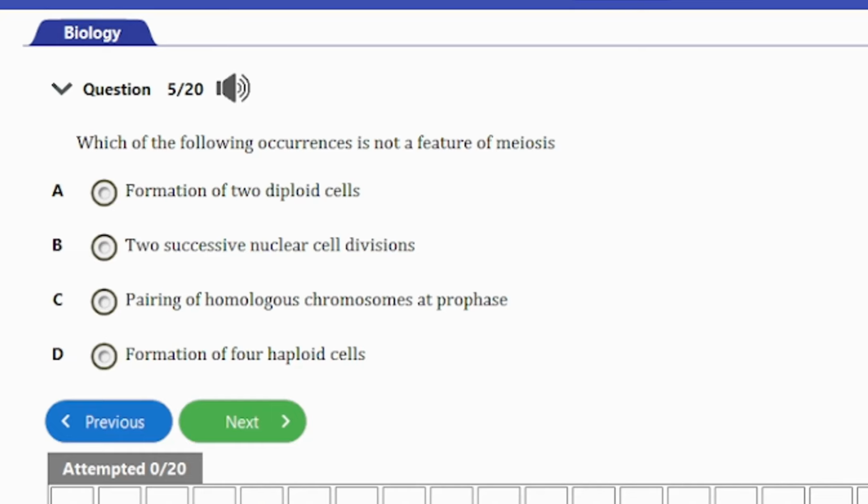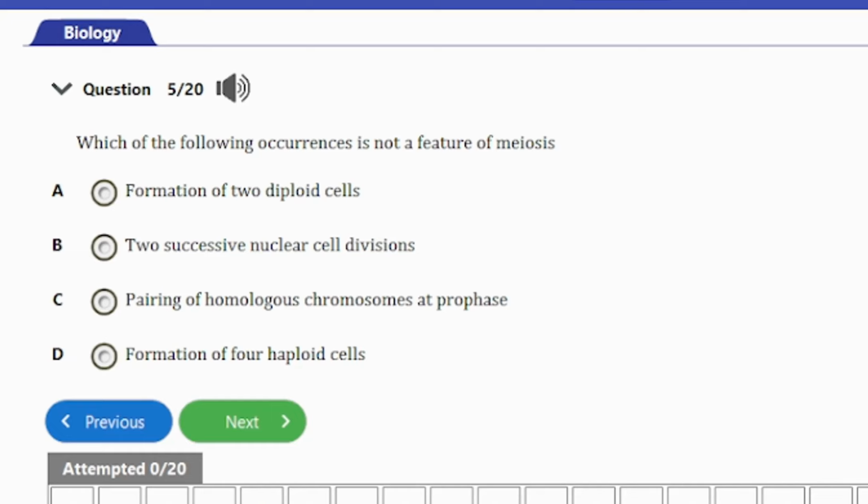In meiosis, there is always a formation of haploid cells. So meiosis always ends up with formation of haploid cells and not diploid cells. It's the cell division that actually occurs in reproductive cells like the sperm and the egg.